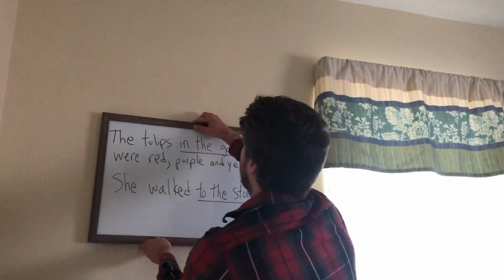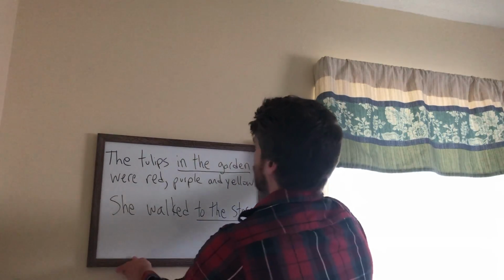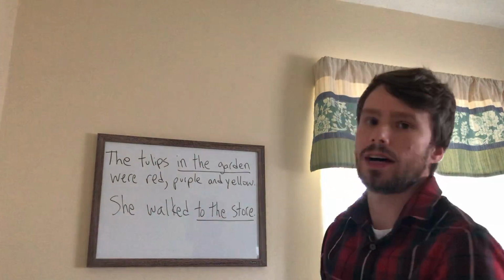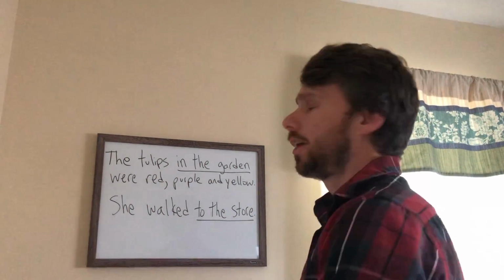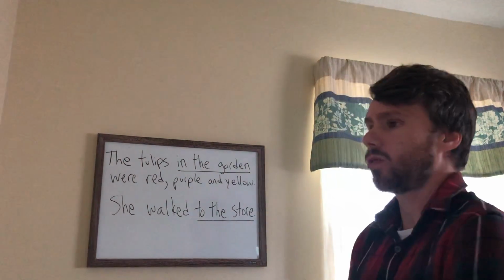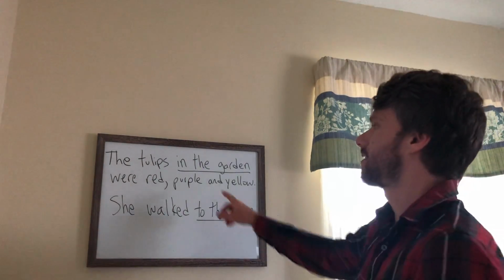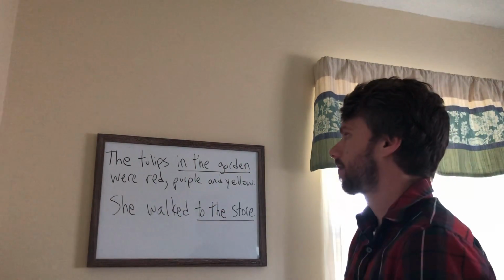So to have a prepositional phrase as an adjective, let me show you an example. Now ignore this bottom sentence for now. We're looking at the top sentence, okay? The tulips in the garden were red, purple, and yellow. Our prepositional phrase is in the garden, okay?